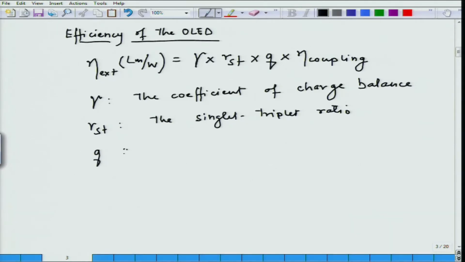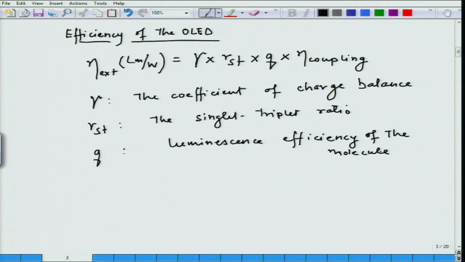And Q is the luminescence efficiency of the molecule. And finally, eta coupling is the coefficient of out coupling.